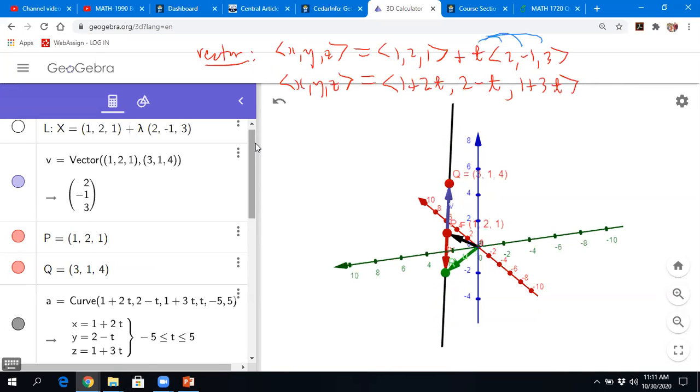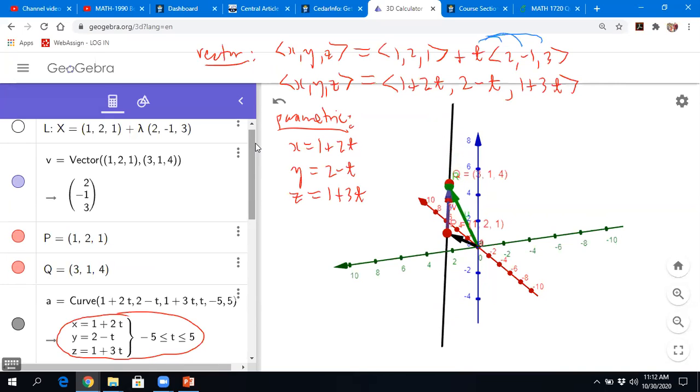And then all I have to do to get the parametric equations is equate X, Y, and Z. You see that X is 1 plus 2T, Y is 2 minus T, and Z is 1 plus 3T. And I just let T be any number at all, okay? And that's essentially what you see down here, correct? I said I let T go between -5 and 5, but I could have let it be anything after all.